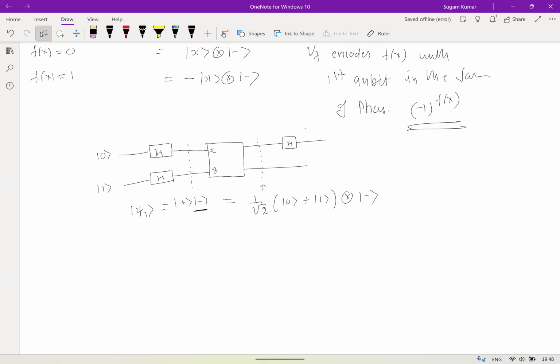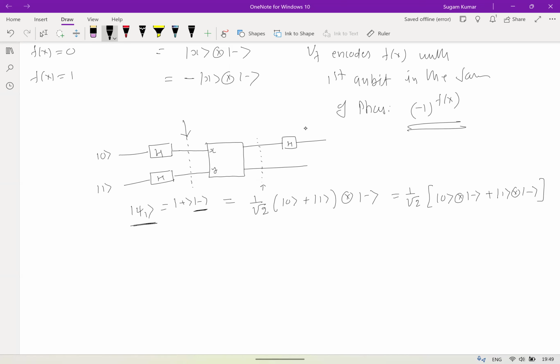What it will give you, look at here: this is going to be 1 by root 2, and this becomes 0 tensor product negative plus 1 tensor product negative. So this is the function at this location, that is psi 1.